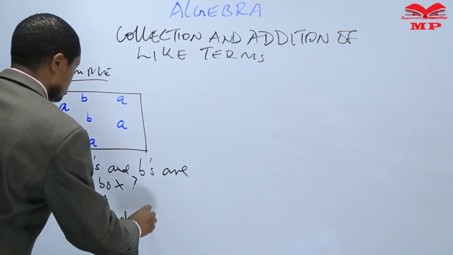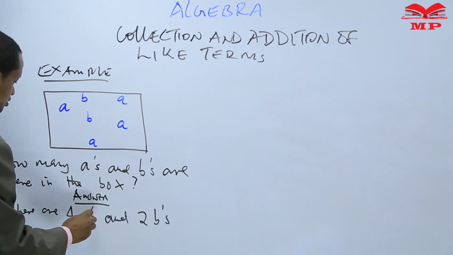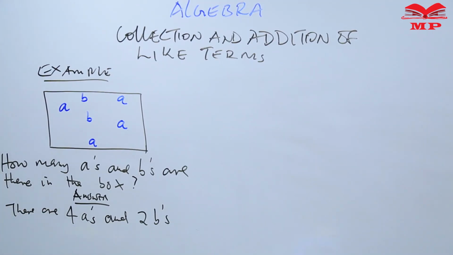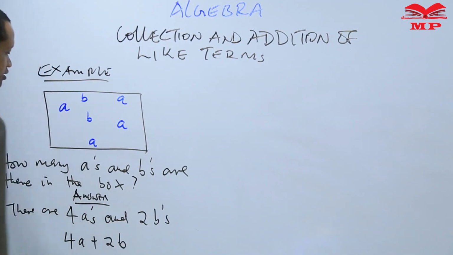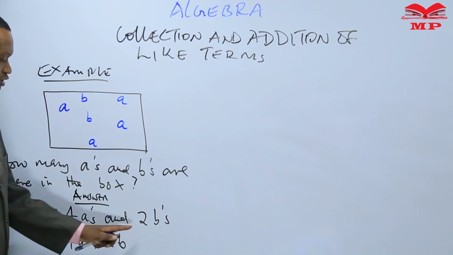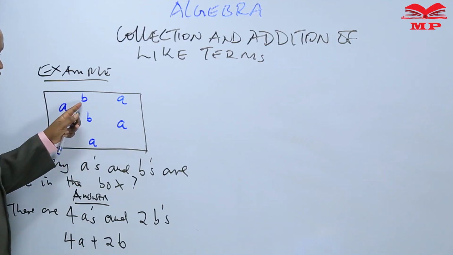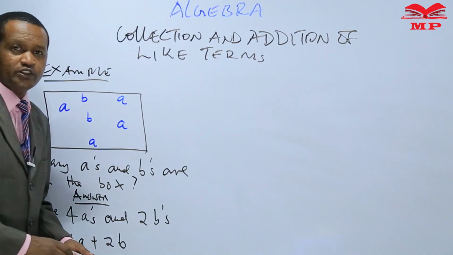There are 4 A's and 2 B's. So this can be written as 4A plus 2B. There are 4 A's, 1, 2, 3, 4, and there are 2 B's, 1, 2. So do you understand that, learners?